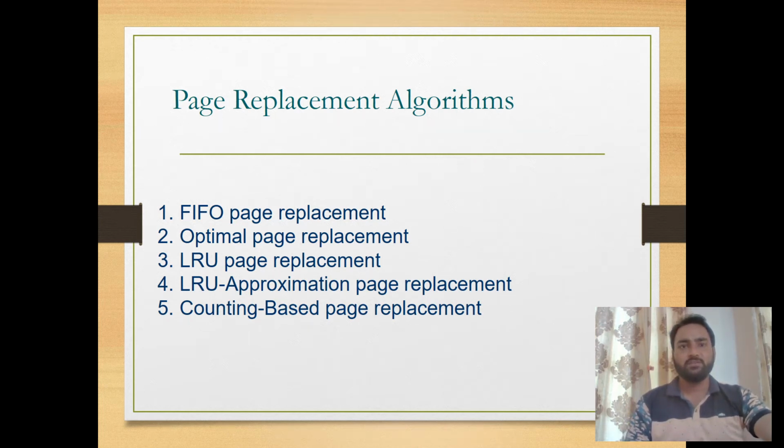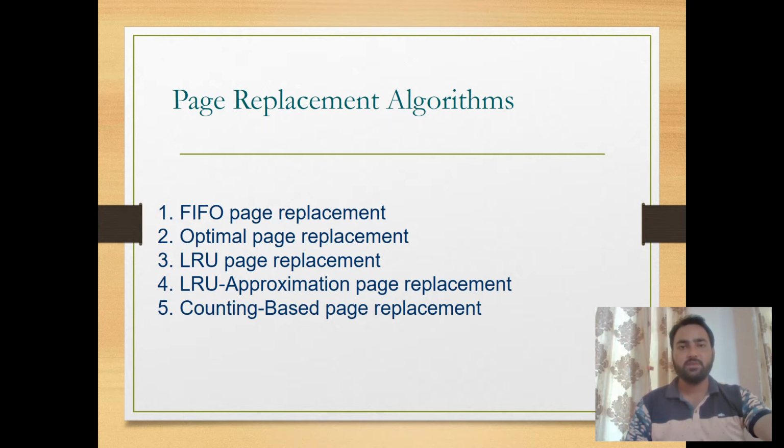Hello everyone. Today we are going to discuss page replacement algorithms one by one. The first algorithm that we use for replacement of pages is the first in first out page replacement algorithm, that is FIFO. Then we will discuss optimal page replacement.